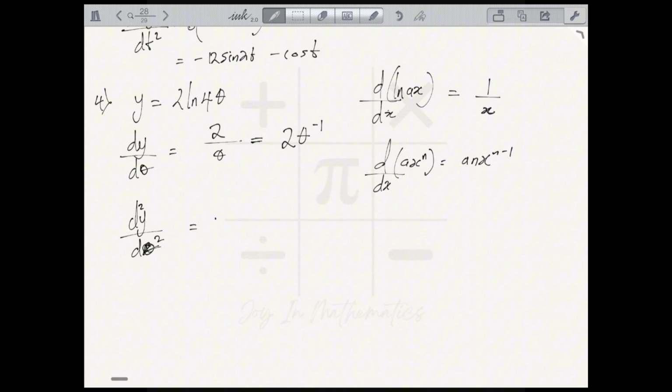Since our a in this case is 2, and our n in this case is minus 1, this will give us 2 multiplied by minus 1 theta raised to minus 1 minus 1, which is minus 2 theta raised to power minus 2. Simplifying further, we can rewrite as minus 2 divided by theta squared.